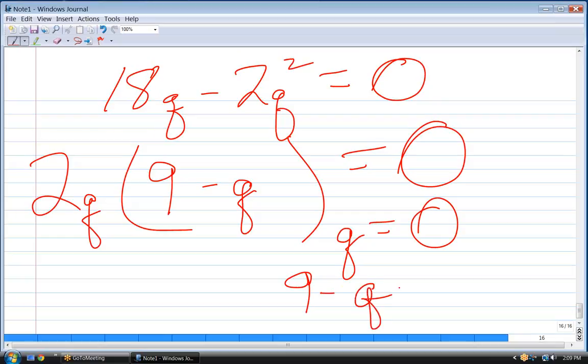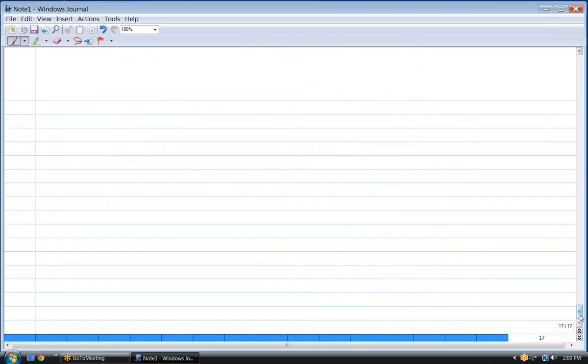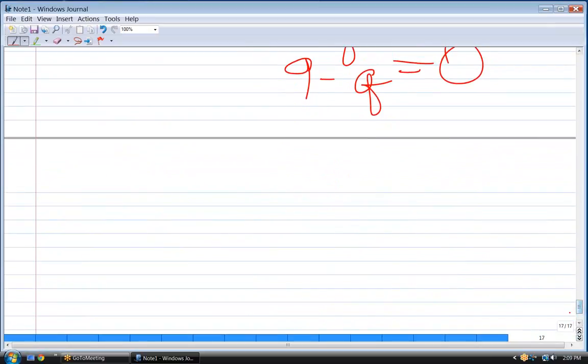Let's talk about solving that equation right there. What's the easiest way to solve it? Is it to subtract the 9 from both sides? Not really. What happens if I do that? I end up with negative q equals minus 9, and then I have to do another step.